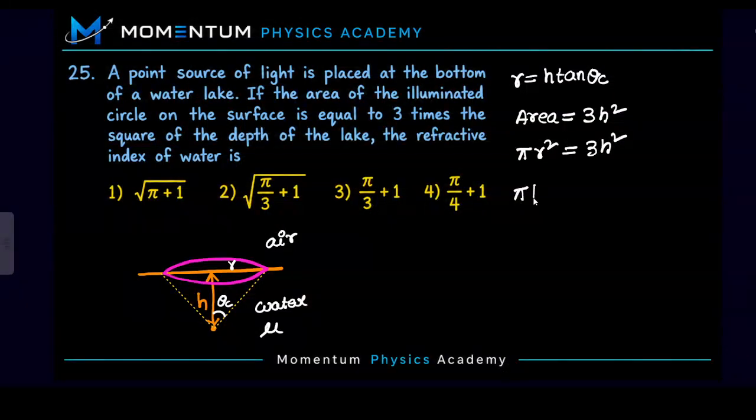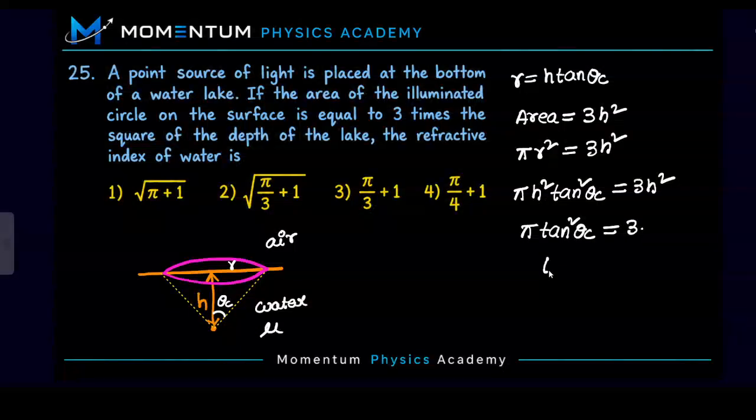That means pi into h square into tan square theta c is equal to 3 h square now. That means pi into tan square theta c is 3. That means tan theta c is equal to how much now? Root of 3 by pi.